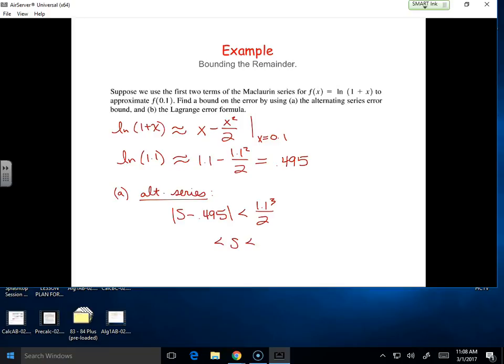Wouldn't we take 1.1 cubed divided by 2? And wouldn't we add 0.495 on one side? And wouldn't we subtract on the other side? You guys good? Absolute value, one positive, one negative, and we're moving stuff around. Yeah.